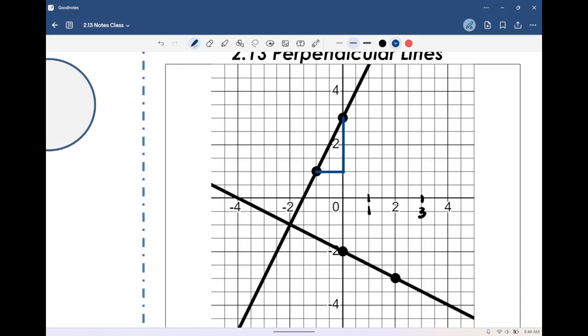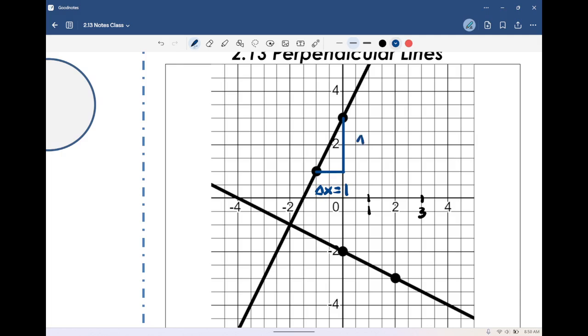There's the second line. My change in x right now, this is where I want to be careful. Raise your hand. What would my change in x be with this different scale? Amir? 1. Good. We're moving 2 boxes, but because of the scale, that's really just 1.